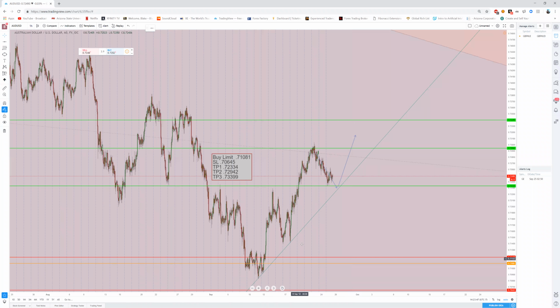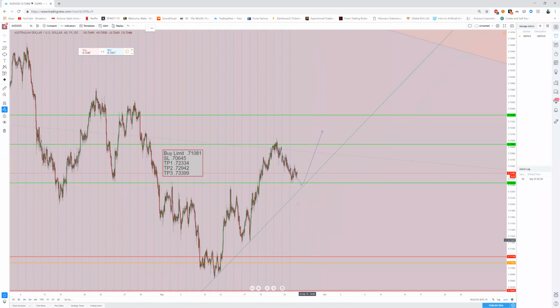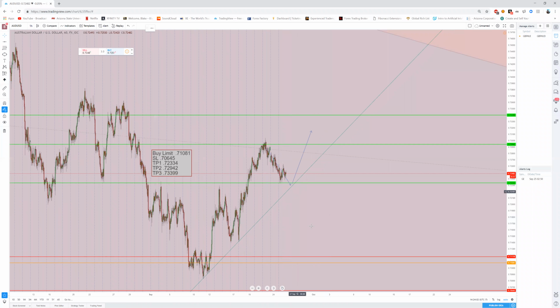That just means that your stop loss is above your entry, so that you don't have to be risking anything on this trade. TP1 and TP2 should already be out. So we're looking at TP3 now for this one, just in case of the reversal.